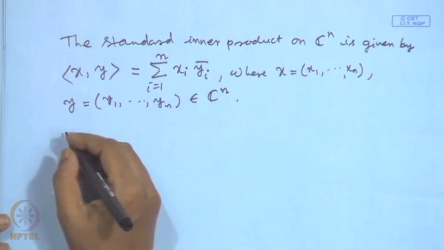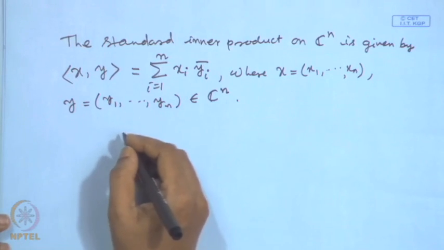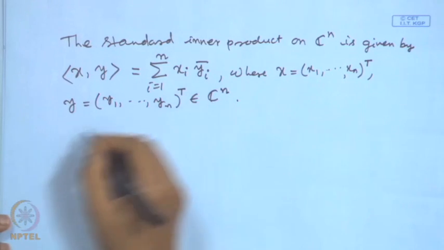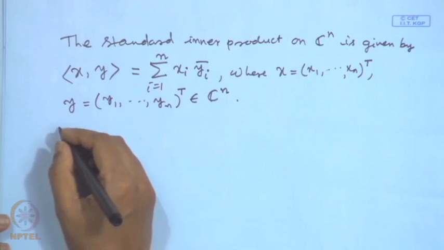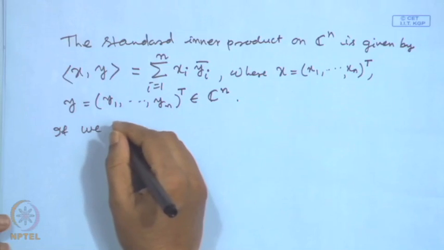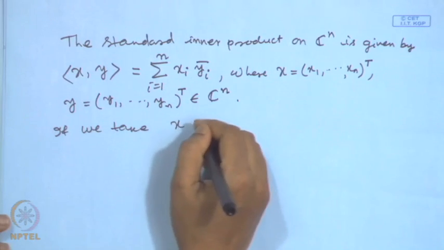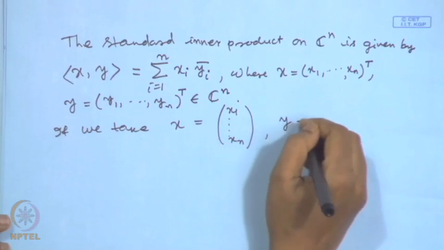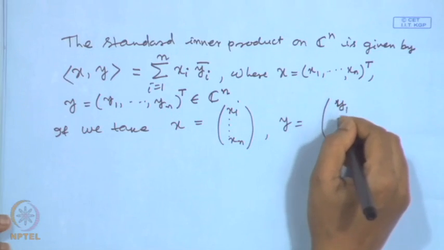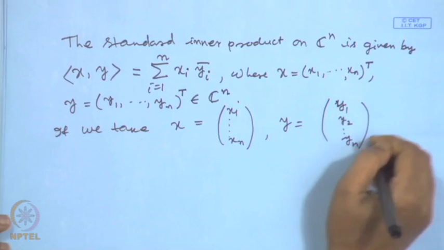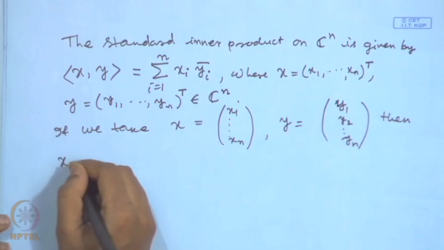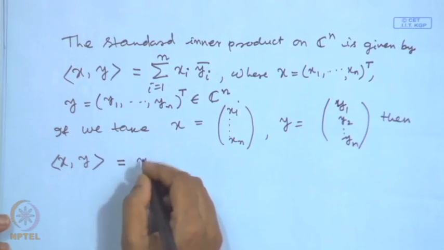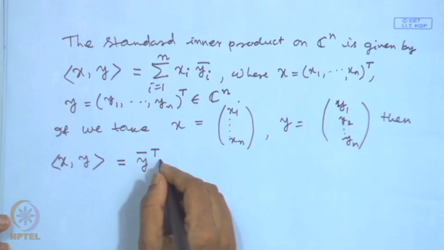If we take x as the column vector x1, x2 to xn, and y as the column vector y1, y2 to yn, then the inner product of x and y can be represented as y conjugate transpose times the vector x.